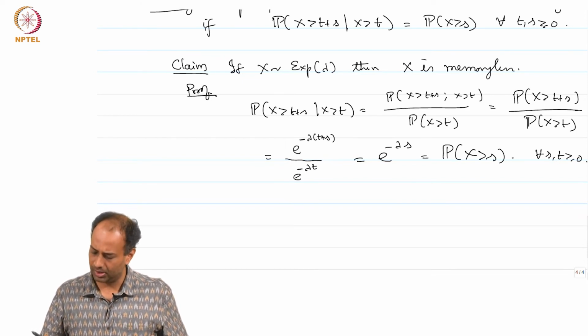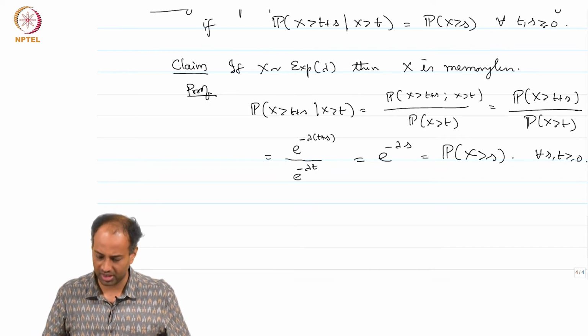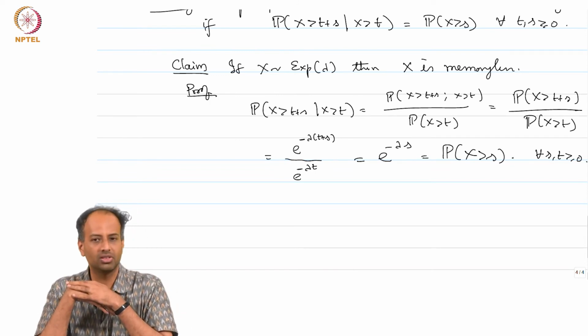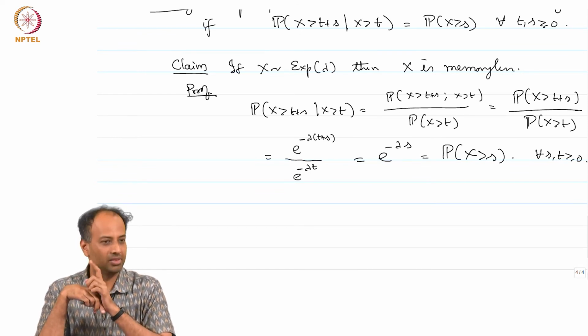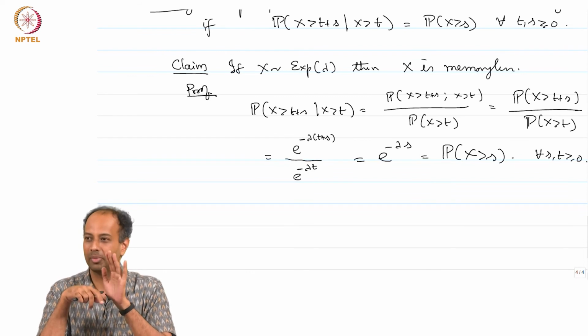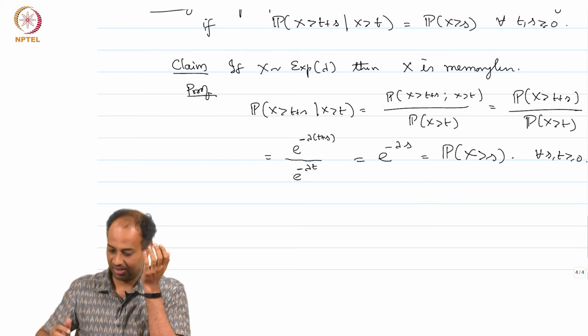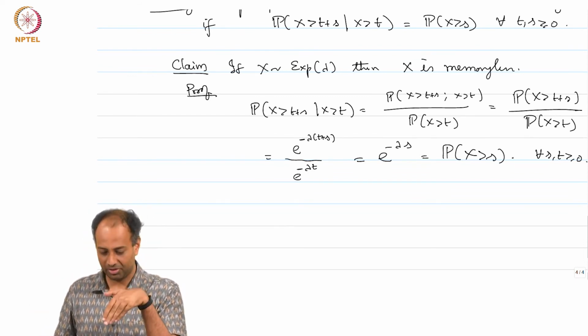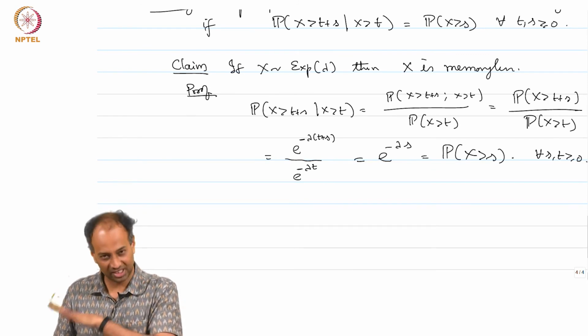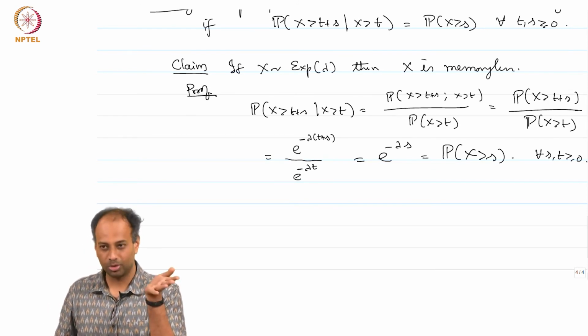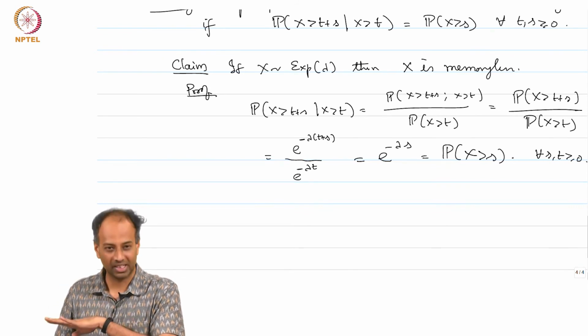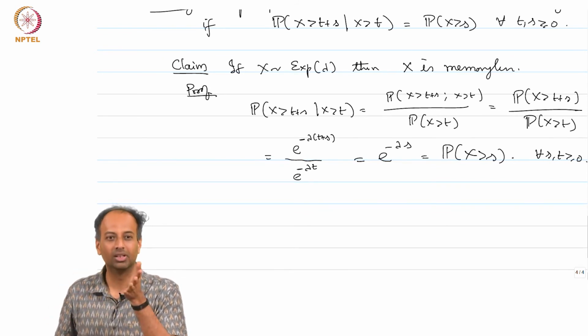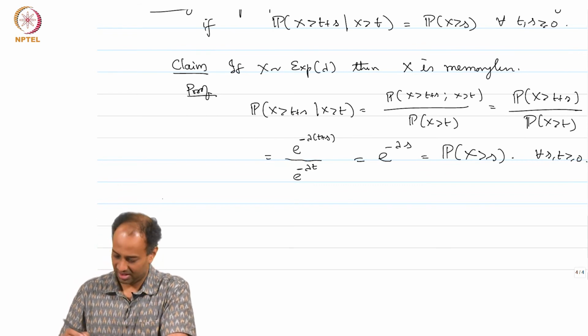Also, what can be shown is that among the continuous distributions, the exponential random variable is the only memoryless random variable. What we have shown is that if x is exponential, then it is memoryless, but the converse is also true. If x is a memoryless continuous random variable, it must be exponential. Okay. So you can add that as a remark.